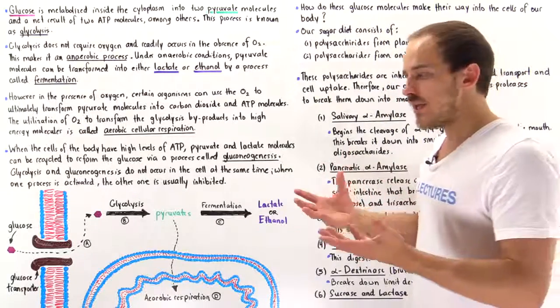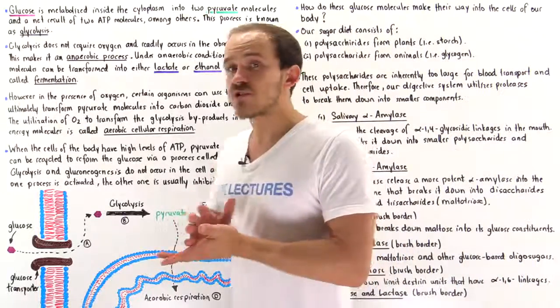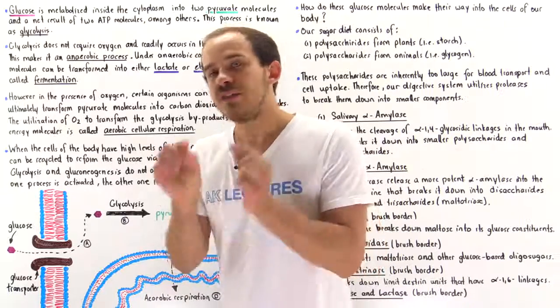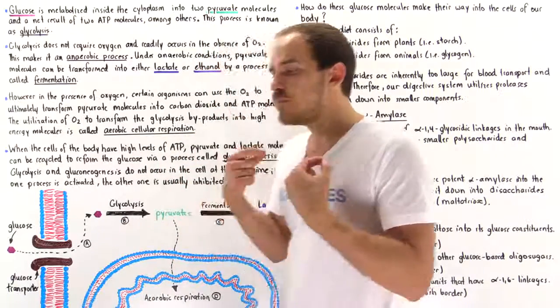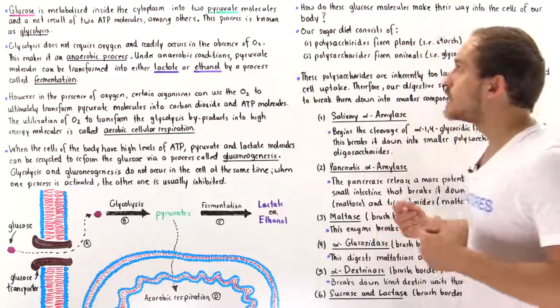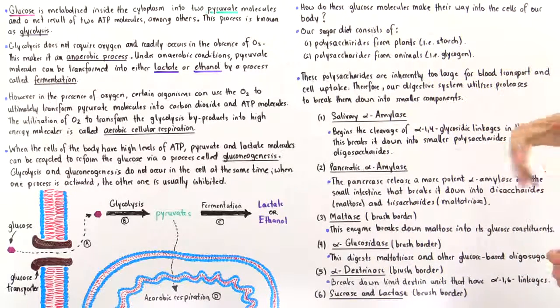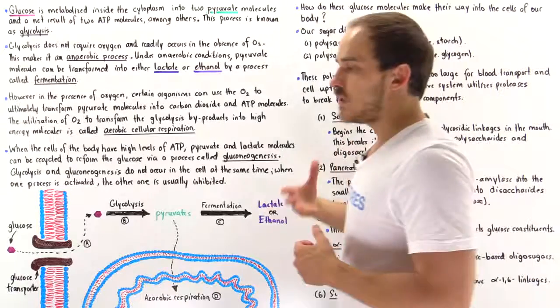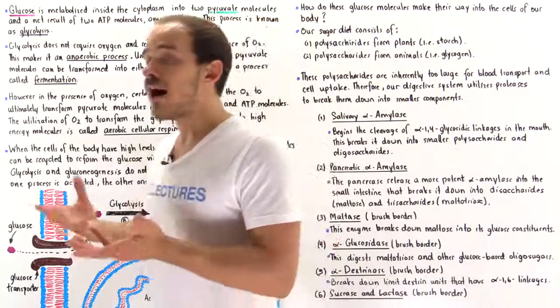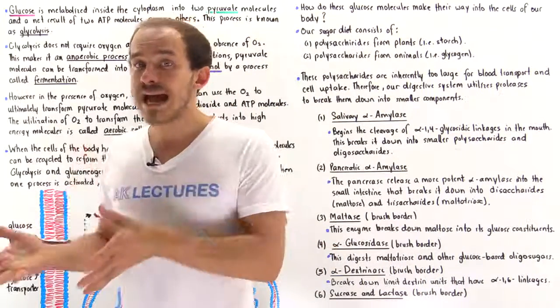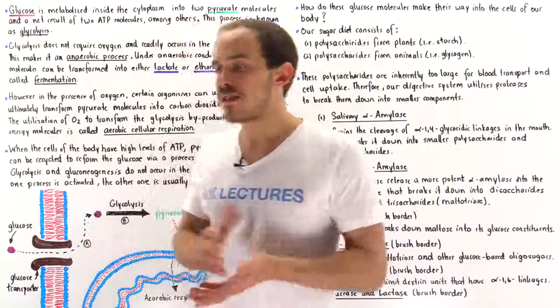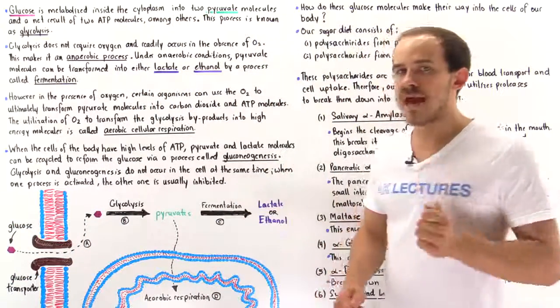So if we eat a meal that is rich in carbohydrates, that's how the glucose actually makes its way into our body. So there are two types of sugar molecules, carbohydrates, that we typically ingest. So carbohydrates, polysaccharides, that come from plants, and carbohydrates, polysaccharides, that come from animals.